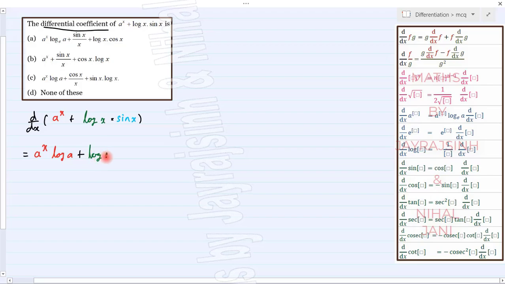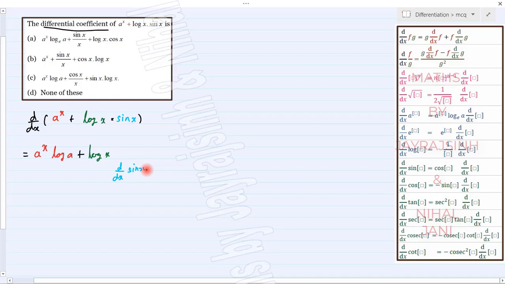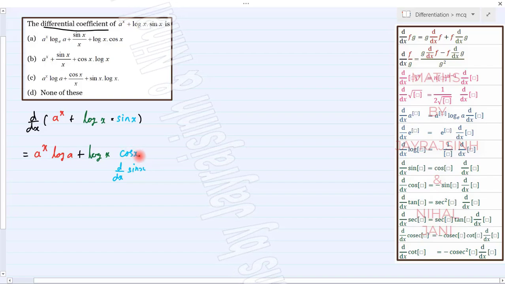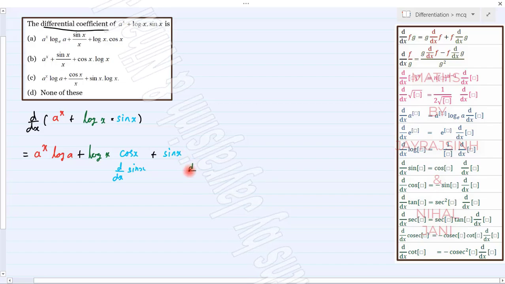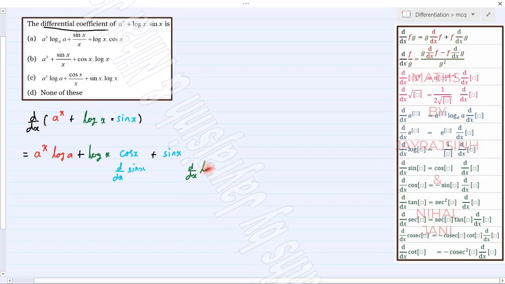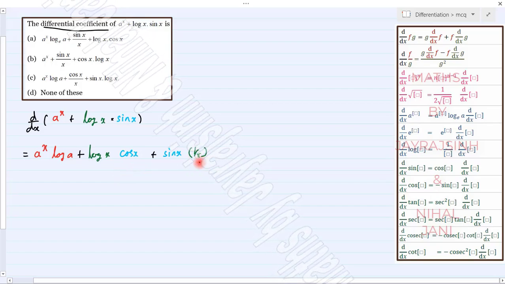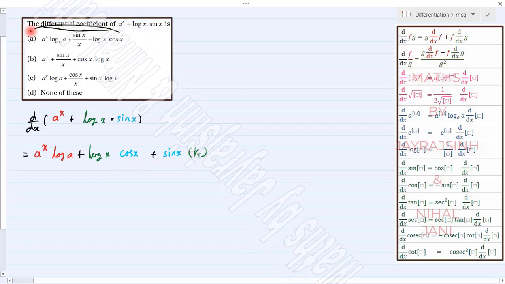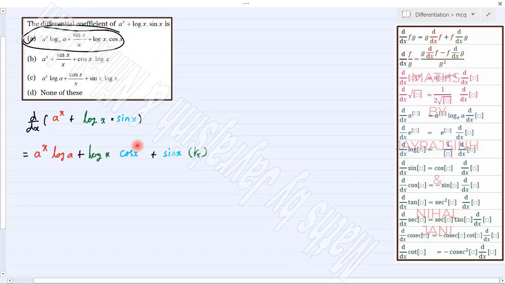Your log x will be as it is. Differentiation of sin x will be cos x, plus sin x will be as it is. We have to differentiate log x, which will be 1 by x. So we get our final answer, which is given in option A. Ta-da!